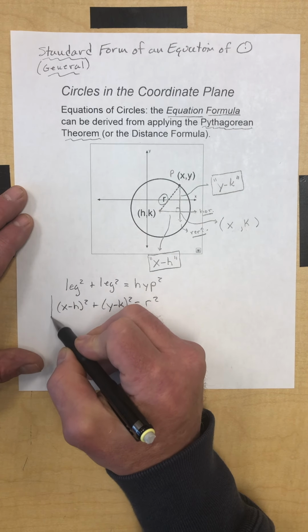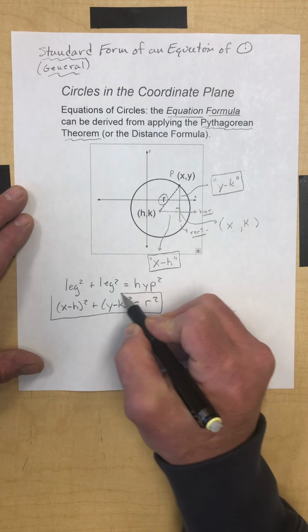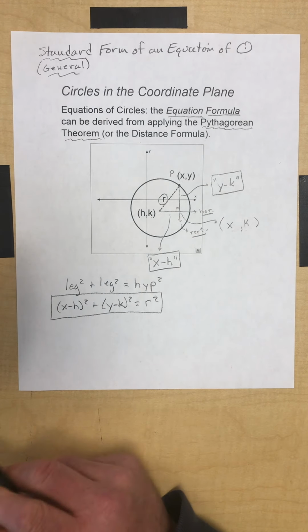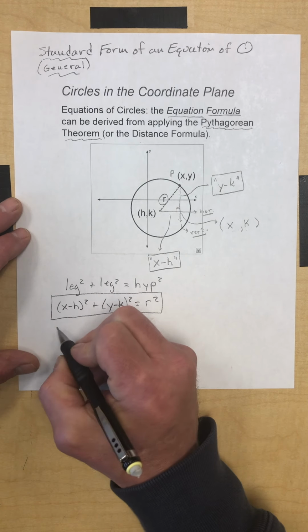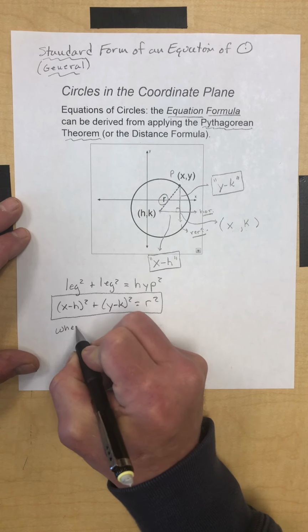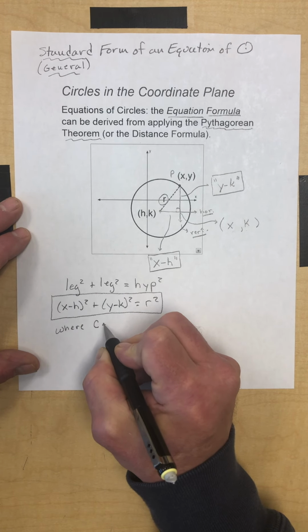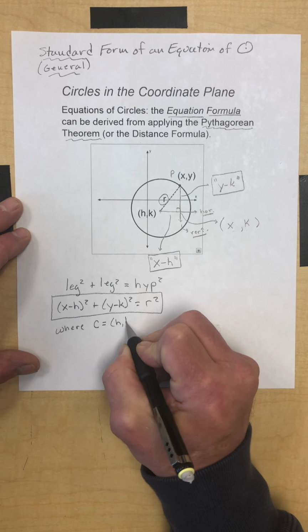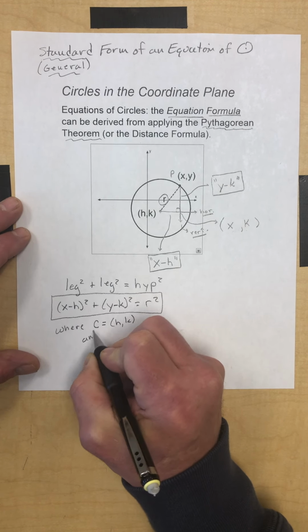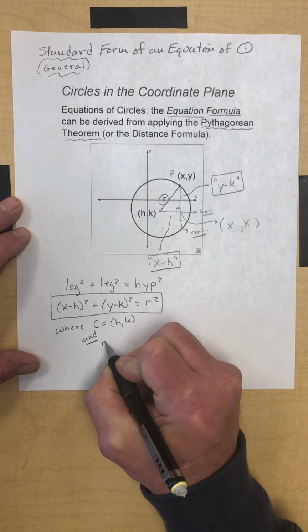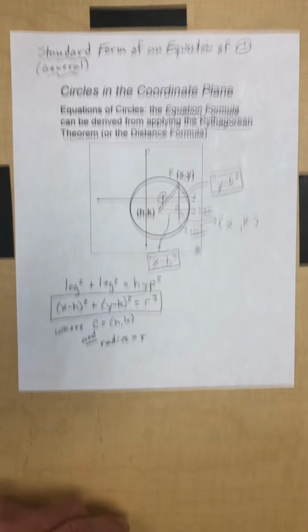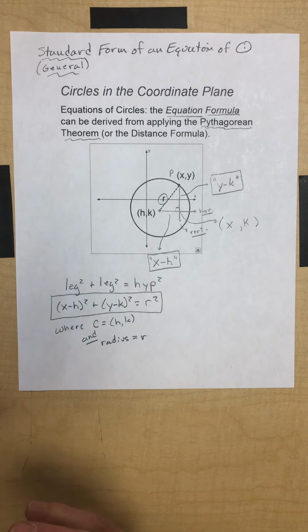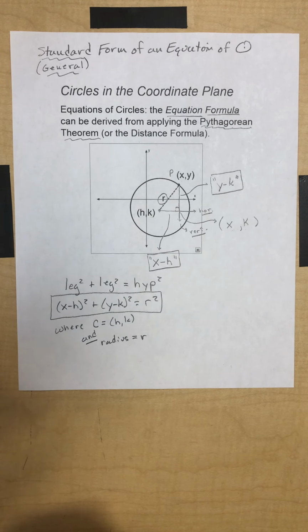And we have our general form or standard form of the equation of a circle, which is sometimes called an equation formula, where the center is (h, k) and the radius is r. So you have everything you need, and that's how you derive that general form or standard form or equation formula using the Pythagorean theorem.